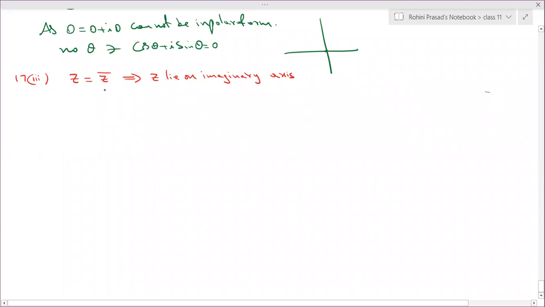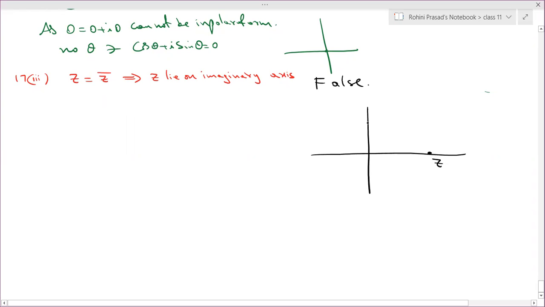The statement that if a complex number is equal to its conjugate, then the complex number lies on the imaginary axis, that is the y-axis, is a false statement, because a complex number is equal to its conjugate, its reflection with respect to the x-axis, only if it lies on the x-axis.